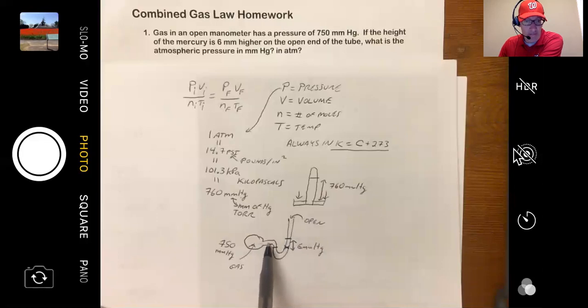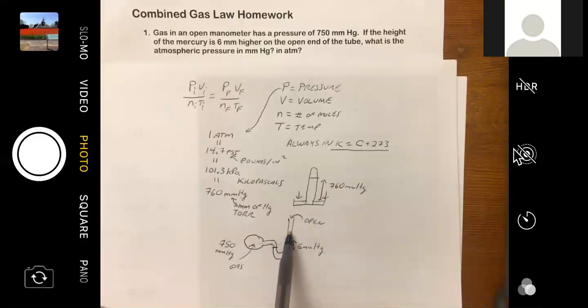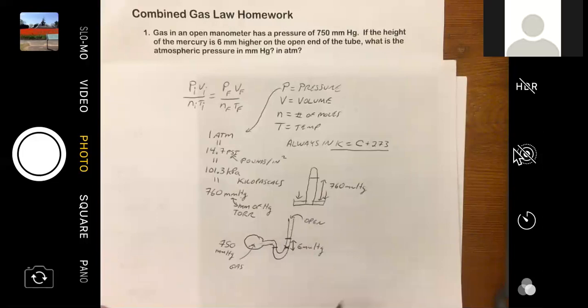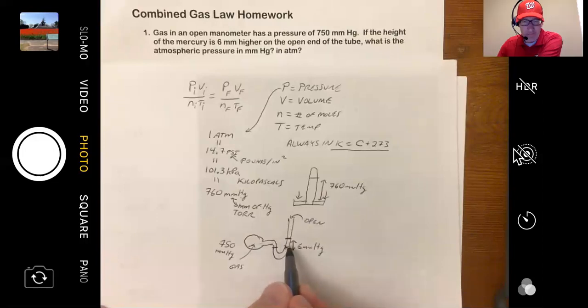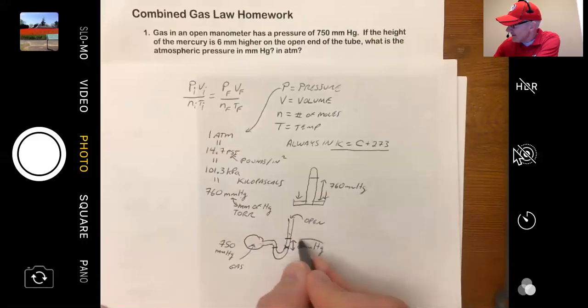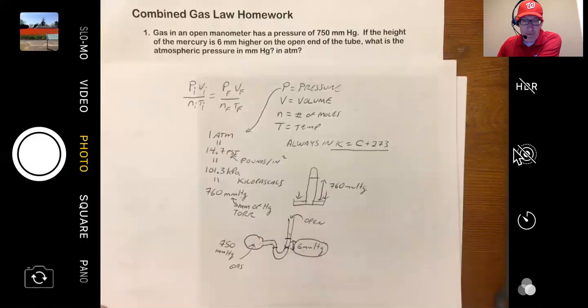Agreed? So if I'm pushing harder on this side, would this liquid go down or want to come up? Down. Yeah, and that's not what's happening here. So instead of the pressure being higher on this side, the pressure is actually lower, and it's lower by exactly this amount.